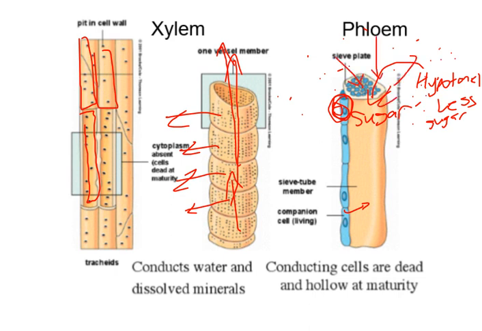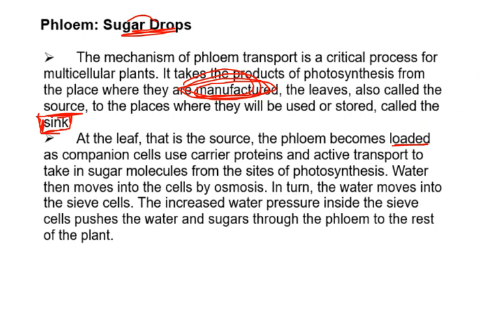As soon as you force the sugar inside, the water naturally tries to dilute it, right? That hypotonic solution. So water moves into the cells by osmosis, and it's now inside the sieve cells. And now there becomes pressure, right? More and more water gets into these cells, and it creates like a backlog. All of a sudden, it starts to push and push and push, and it pushes the water and sugar throughout the rest of the plant.